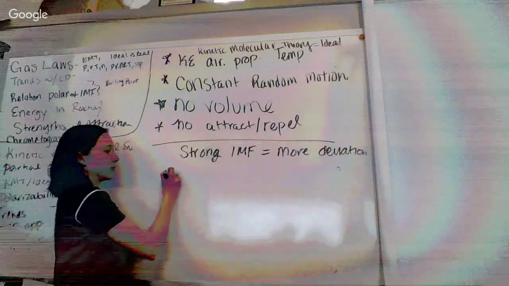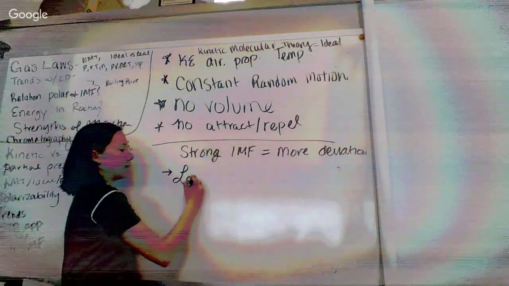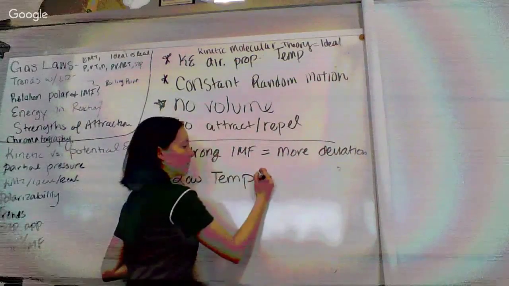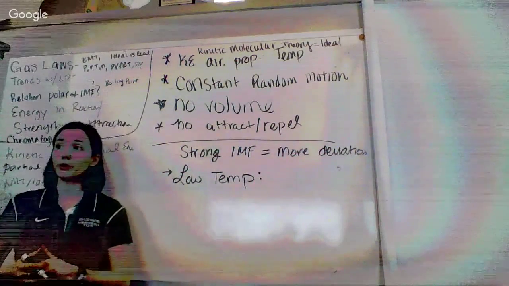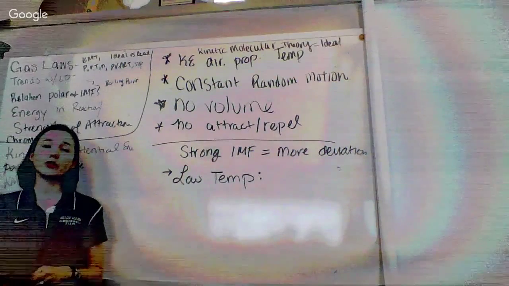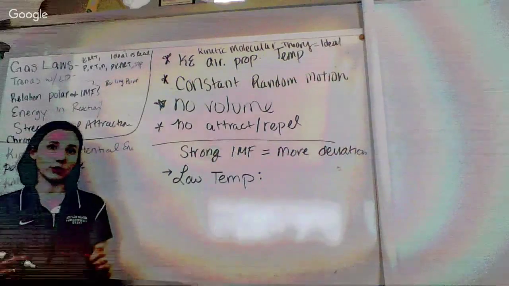Some examples of things that allow a gas to deviate would be, for example, low temperatures. If I have low temperatures, my molecules are moving more slowly, and I don't have the energy that the molecules need to overcome the intermolecular forces.